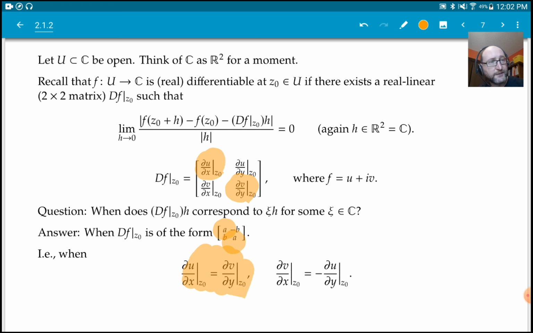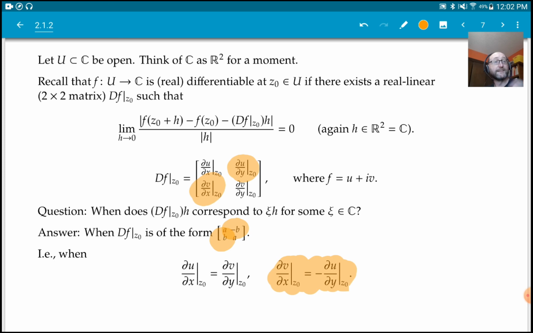I get this equation, right? Then I have to have that this has to be minus b, so I get that this has to be minus this, right? I get this second equation. These are going to be what we're going to call the Cauchy-Riemann equations. All right.